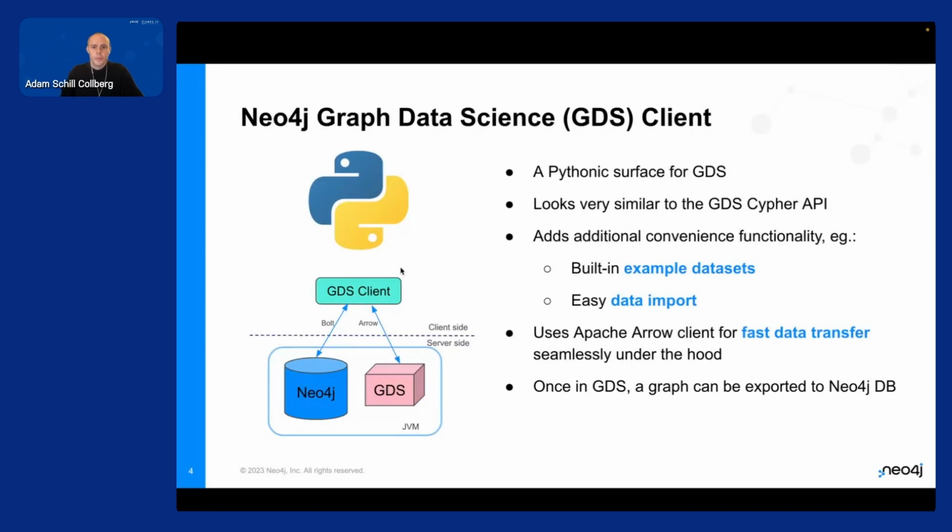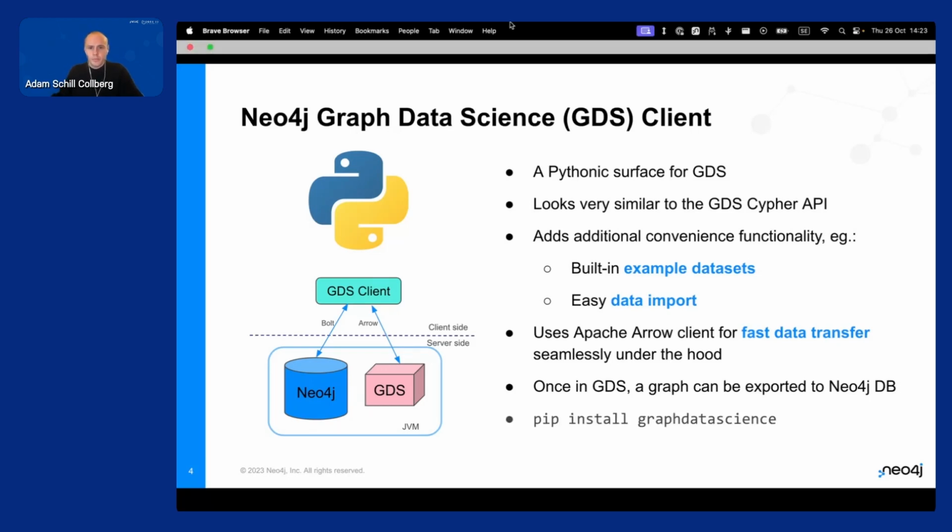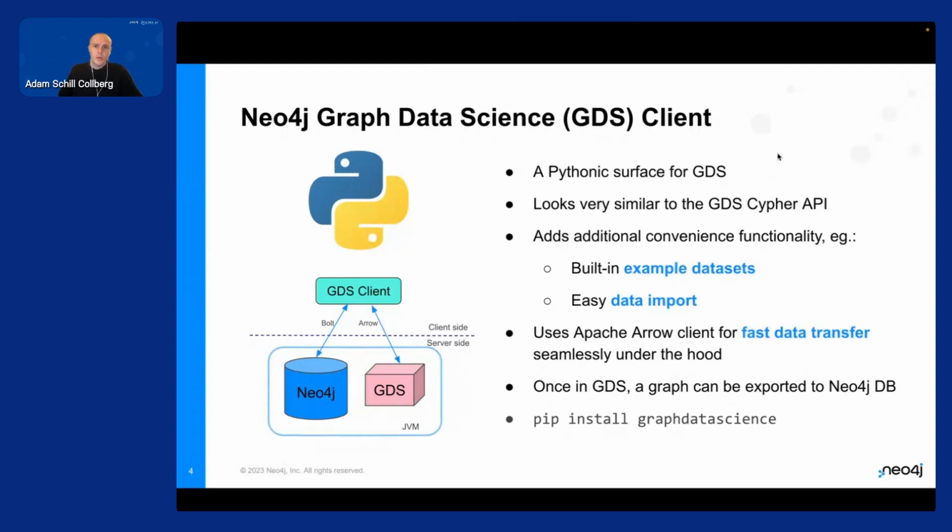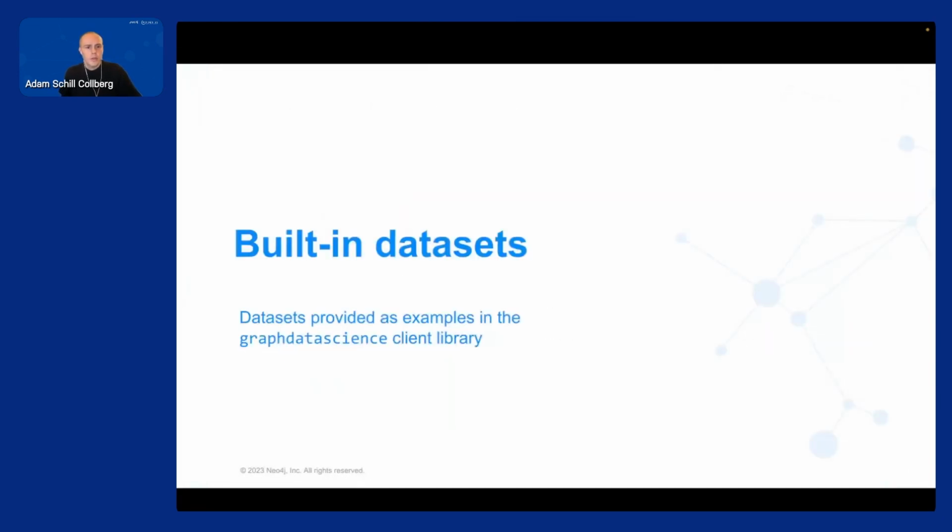So that's how it works. Once you're in GDS with your data, you can also export it very easily to the Neo4j database itself. So even if you don't have an analytics use case, you can definitely use these import methods. It's quite easy to install, just pip install like any other Python library, so it's easy to get started with.